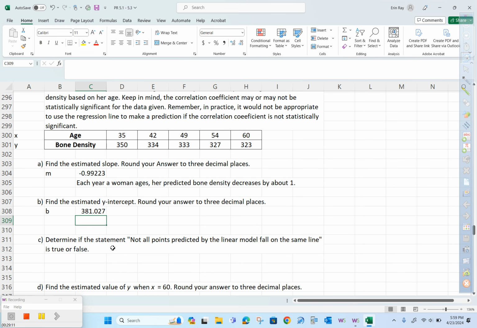It says determine if the statement, not all points predicted by the linear model fall on the same line. Okay, so we want to decide if that is a true or a false statement. The predicted points are the points on the line of best fit, so this is false.